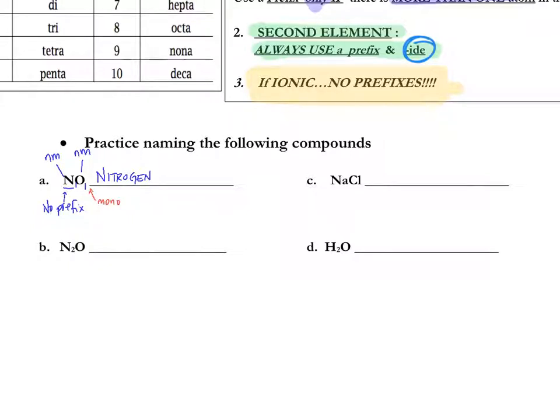Okay? So mono is the prefix, and then oxygen is the element, and then my rule said to add IDE.